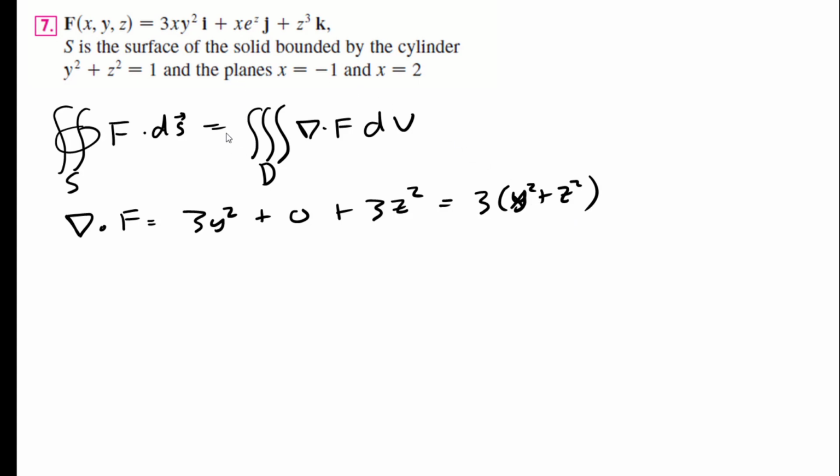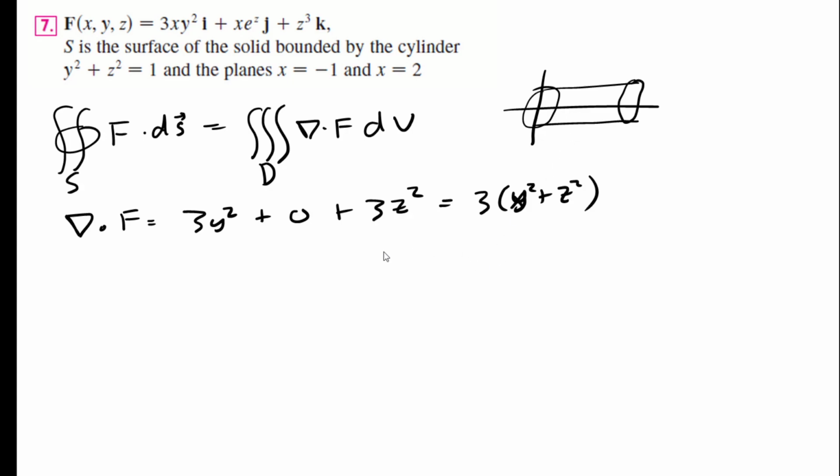And the region we're integrating over is the cylinder y squared plus z squared equals 1, and x goes from -1 to 2. So this makes me think that I should do cylindrical coordinates, because I have a cylinder that comes along the x-axis.